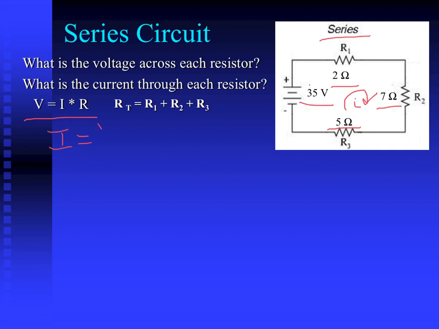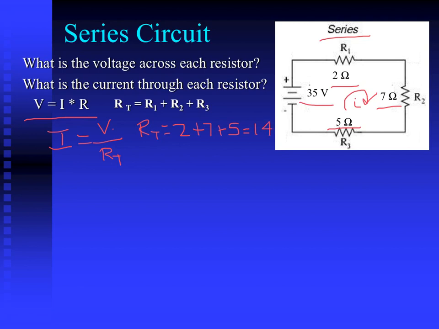We take the total voltage divided by the total resistance, R sub T. R sub T is the sum of the three resistances: 2 ohms plus 7 ohms plus 5 ohms, which is 14 ohms.